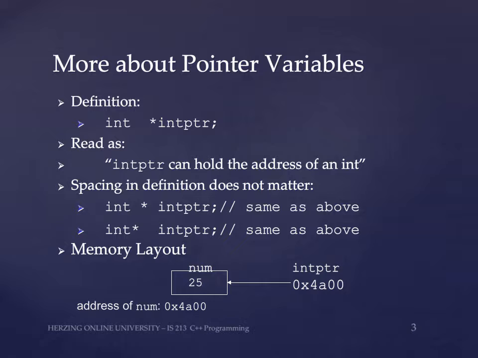Here you can also see the memory layout of the pointer variable. The variable num holds the value of 25, and the pointer is pointing to the variable by a hexadecimal value. The address of the num variable is the hexadecimal value 0x4A00.